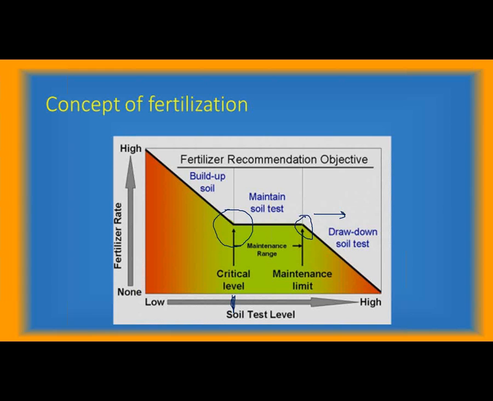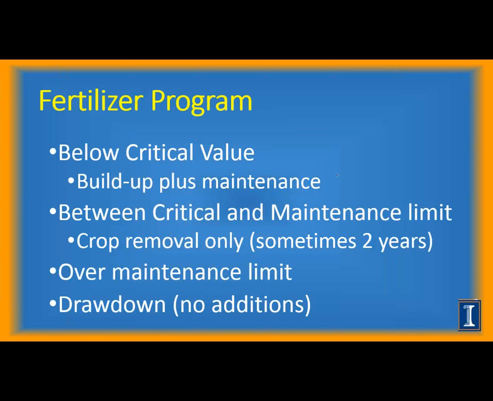Okay, so if we take a look at the general philosophy of this, if you're below the critical value, you have two components to that fertilization. One is to build up the soil and also to maintain the crops that are coming in the next year or two.